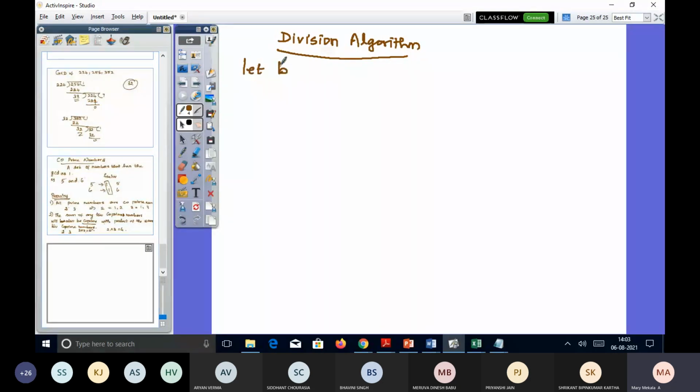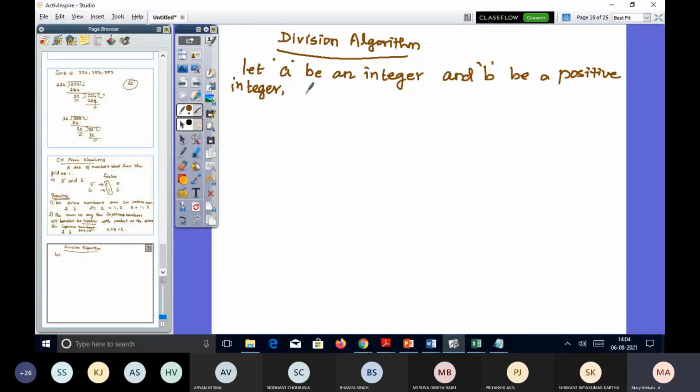Let a be an integer and b be a positive integer. So there are two integers, a and b, and then there exist, so this is the definition you can give for the division algorithm.